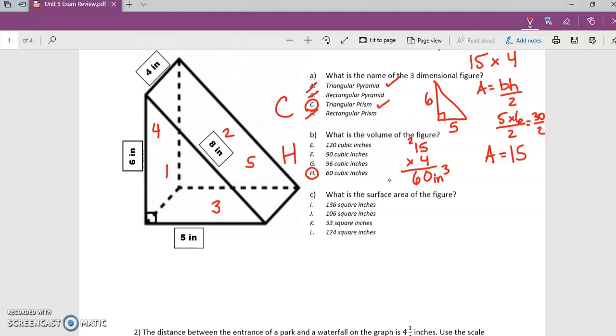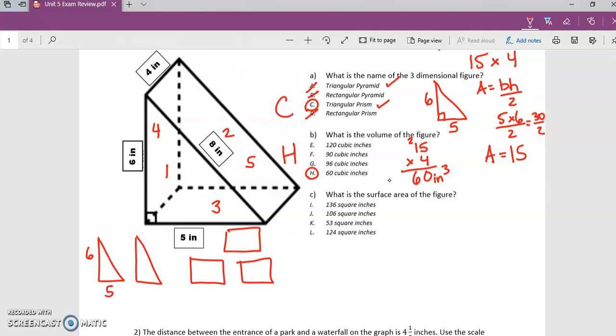So all together it's 5 different shapes: two triangles and 3 separate rectangles. I'm not caring about how they look, I just want to draw the faces out. Both of the triangles are going to be the same, just like we found earlier: 6 as the height, 5 as the base.